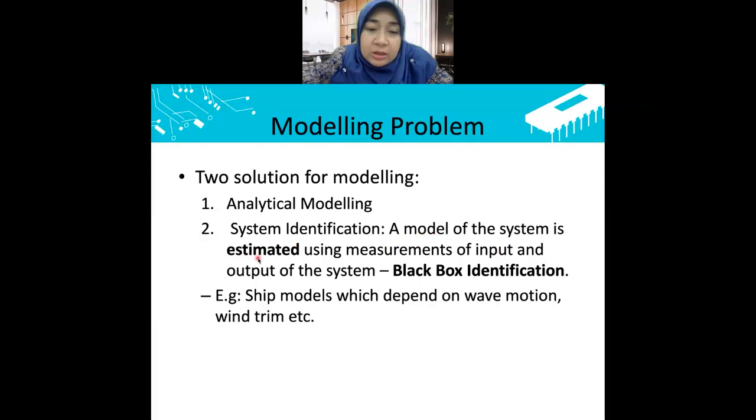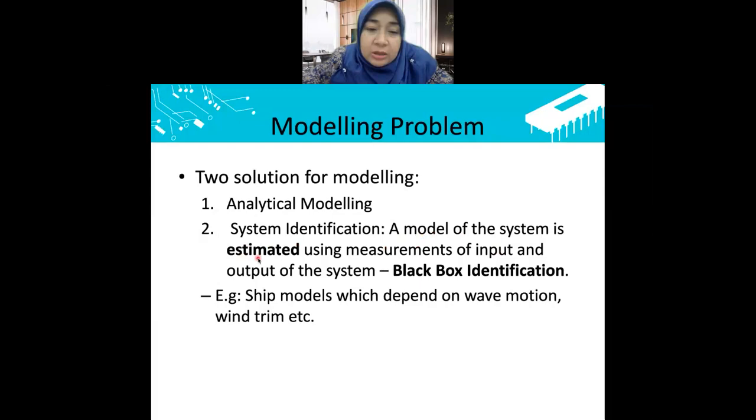Normally this is very useful when the mathematical equation of a system is unknown. If the mathematical equation of the system is known, it's better for you to write down the mathematical model, for example the suspension system just now. The suspension system has well-known mathematics, so you can just model it using analytical modeling.